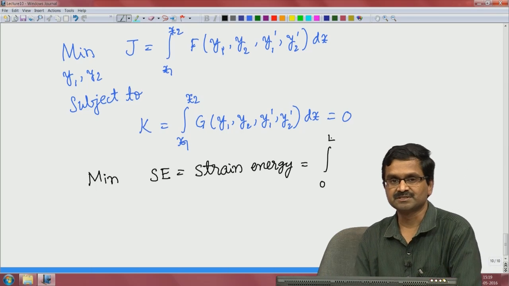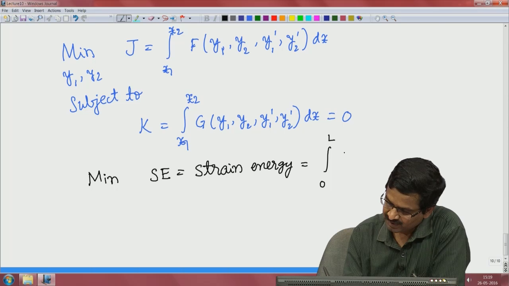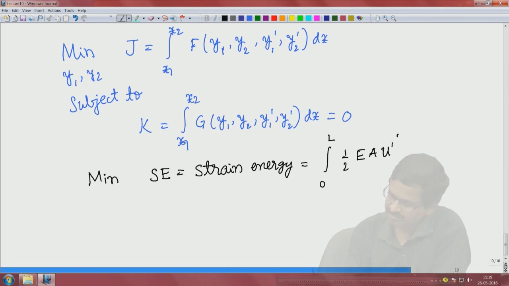Beam is also one dimensional system, but we will take a bar 0 to L half E A u prime square dx. Okay. So, here the variable that we have in structural optimization is A of x, which is the area of cross section of a bar.